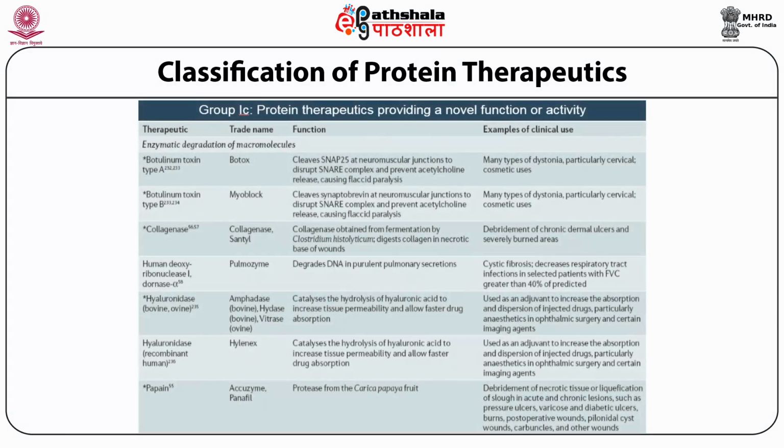This table summarizes group 1C, the protein therapeutics which provide a novel function or activity. So the examples include botulinum toxin, collagenase, hyaluronidase, papain, etc.